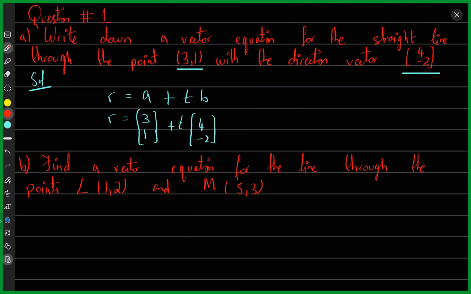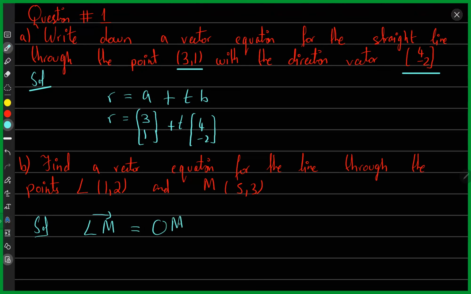So this time around, you've been asked to find a vector equation for the line through the points L and M. And again, we know if you have been asked to find out the vector equation of a line, we need a point lying on the line, basically the position vector of that point, and then the direction vector. So the line is going to be LM, okay? So let's find out this vector.